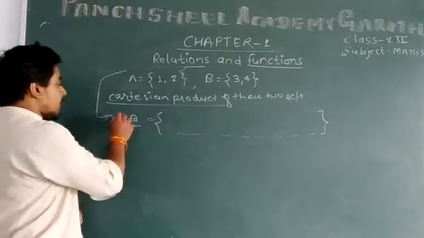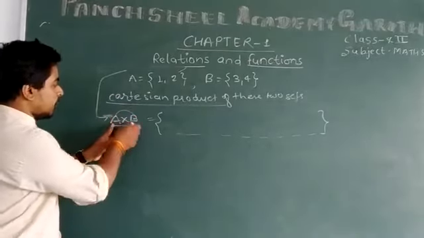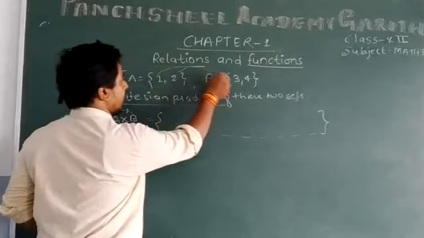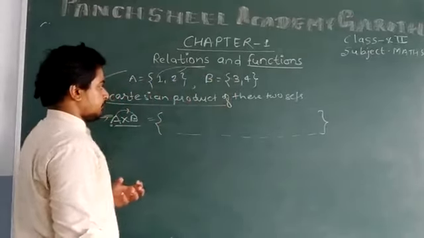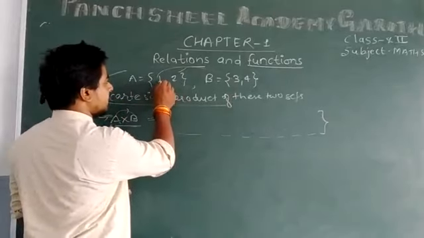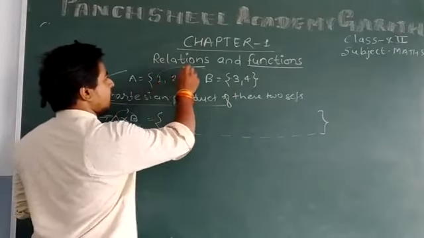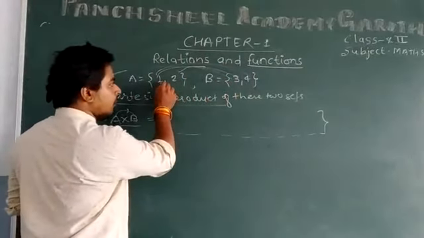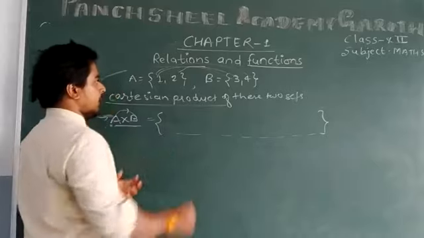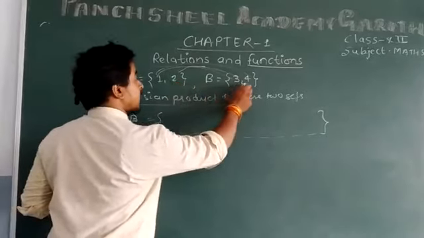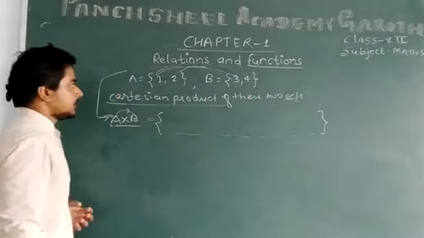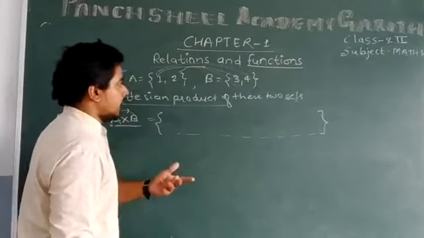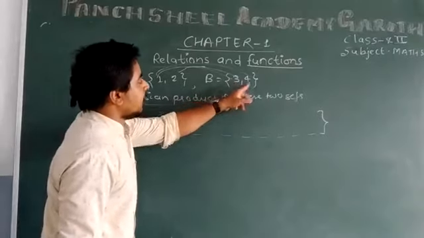If you find the Cartesian product from A to B, meaning A cross B, then each element of A forms an ordered pair with each element of the other set.